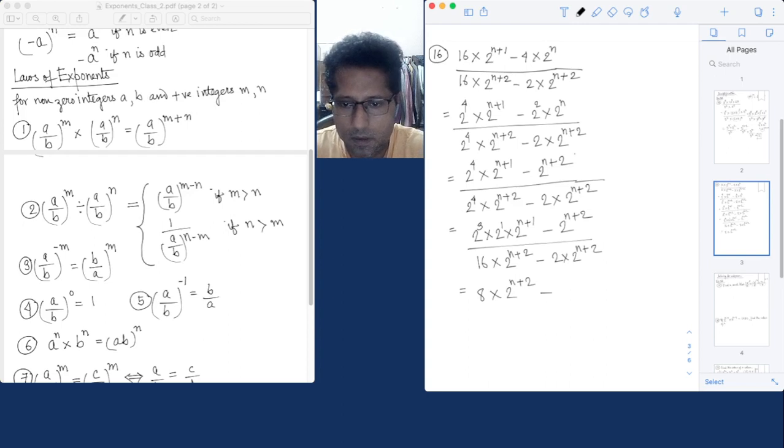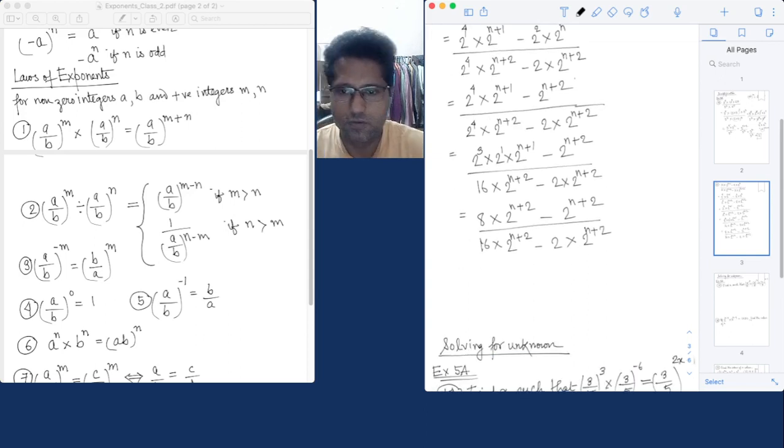And over here we have 16 multiplied by 2 raised to the power n plus 2 minus 2 into 2 raised to the power n plus 2.